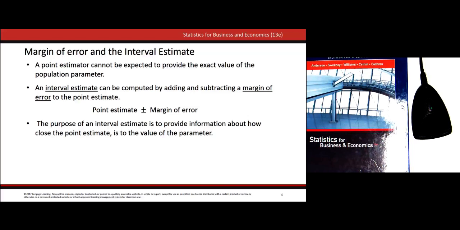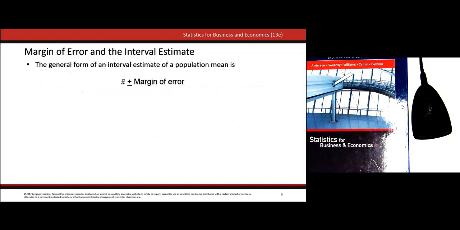If we wish to estimate the population mean, we can calculate the sample mean, but we can't expect that sample mean to be exactly equal to the population mean, and different samples will give different results. We don't know how close the sample mean is to the actual value of the population mean, so we also calculate the interval estimate. This is the general form of the interval estimate of a population mean.